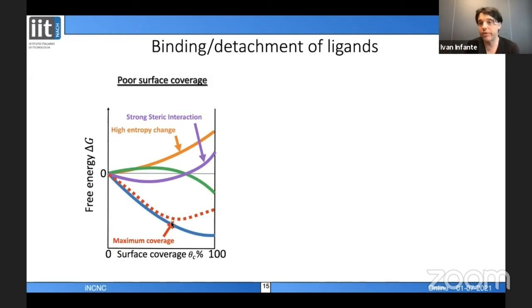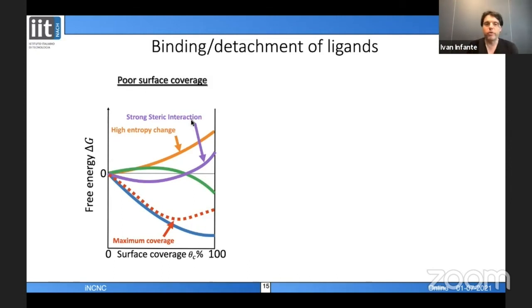This is also the experience that we usually have in the labs: probably your nanocrystal after synthesis and washing is not completely fully passivated by ligand. And this is maybe a reason for that, because you have some contributions that go in opposite directions.